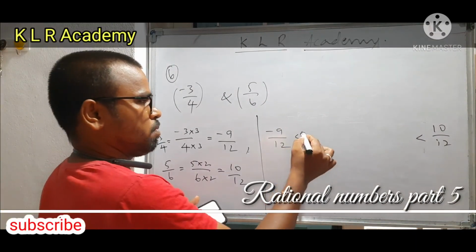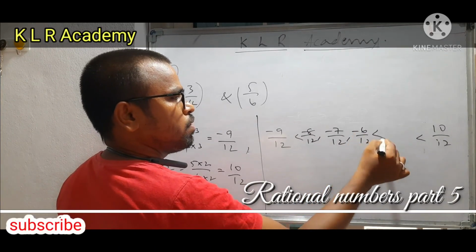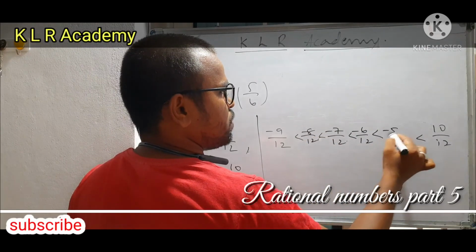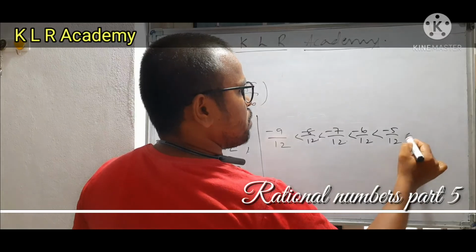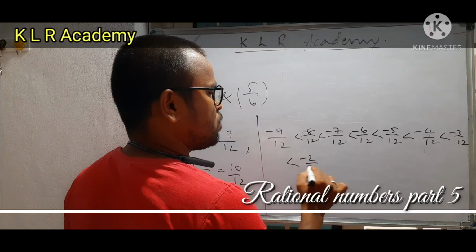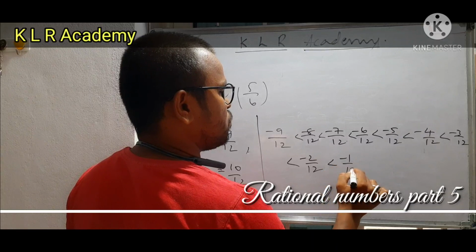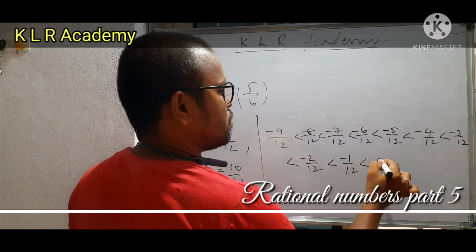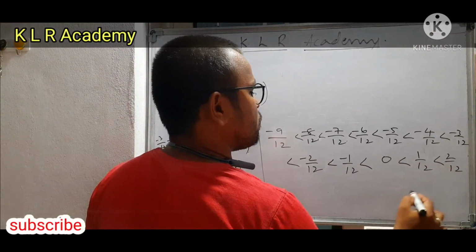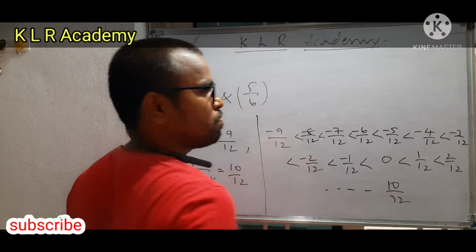Find 10 rational numbers. So minus 8 by 12, minus 7 by 12, minus 6 by 12. Okay. And then minus 5 by 12, minus 4 by 12, minus 3 by 12, minus 2 by 12, minus 1 by 12, 0, 1 by 12, 2 by 12, and so on, up to 10 by 12.